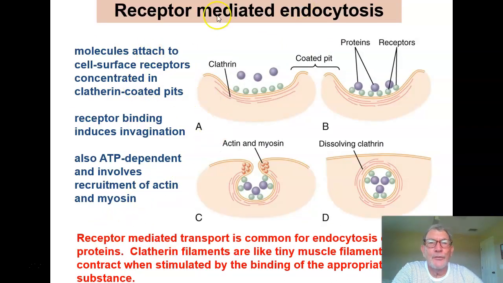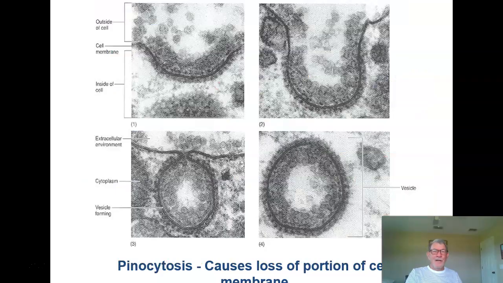Here we have endocytosis. Something bumps into these receptors here, and they start bending, and it bends even more, and then it closes off up here, and the bubble of that substance winds up inside the cell. Here's exocytosis. Okay?